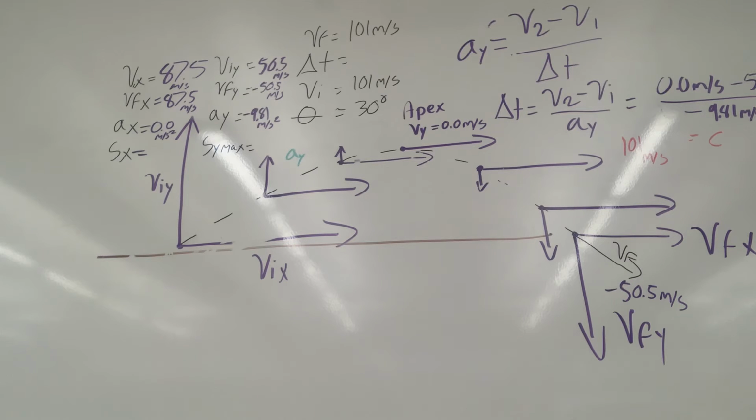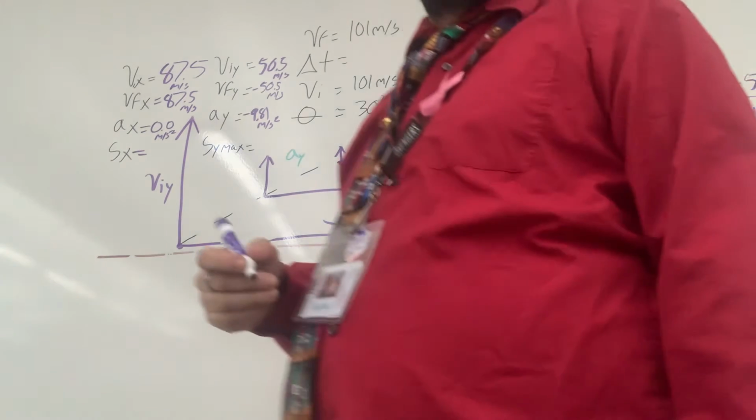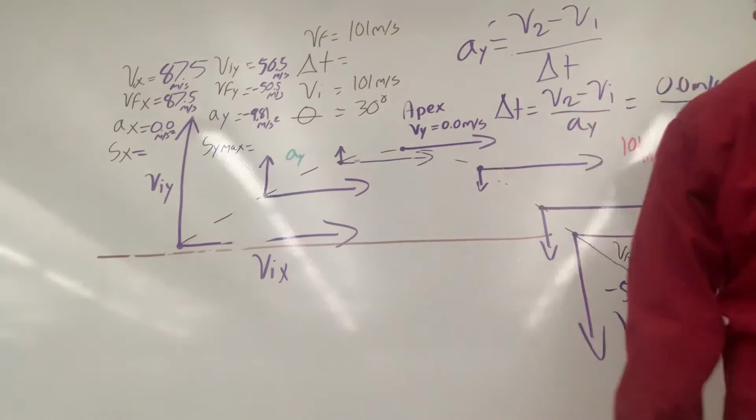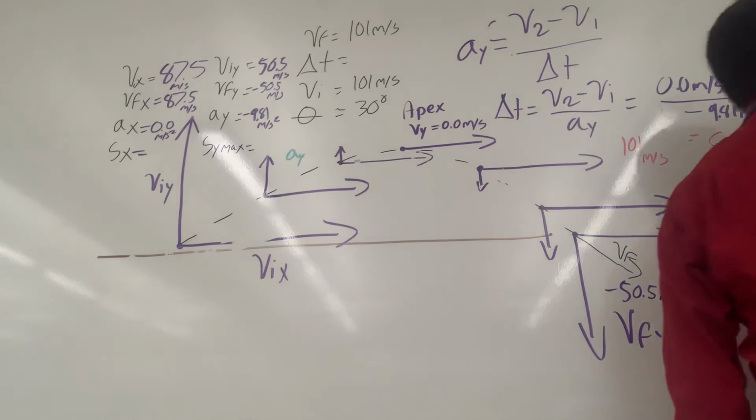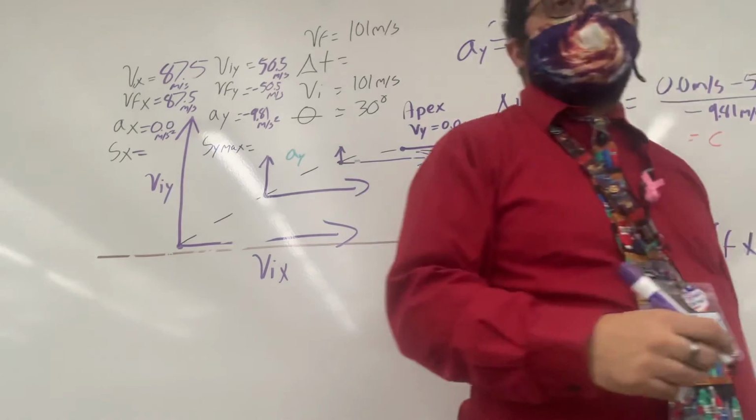Do you want half time or full time? Full time. So what do you do to this number? Multiply. So what's 5.147 times 2? 7.29. Which is your total time, but we should only have two significant digits, so what should our answer be?